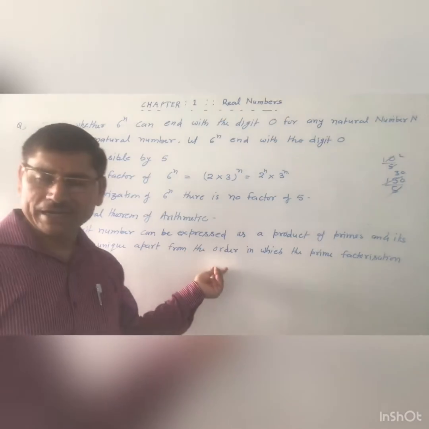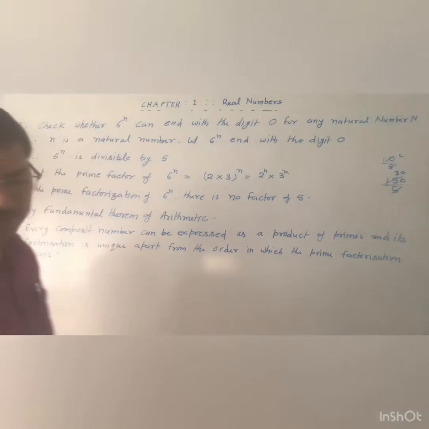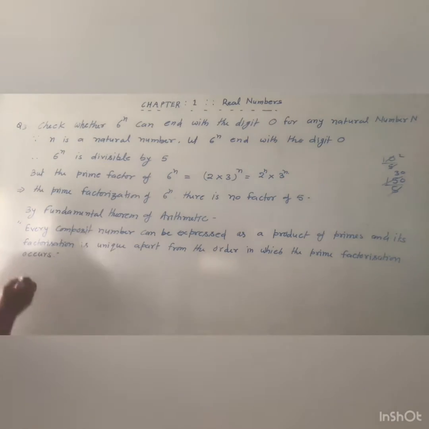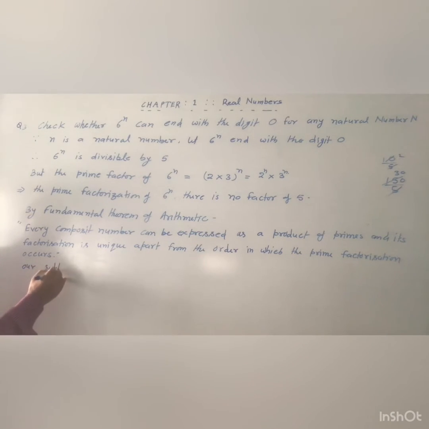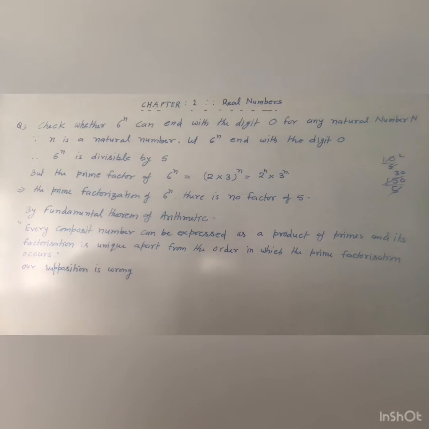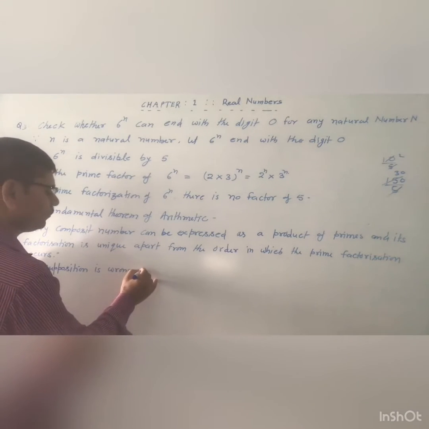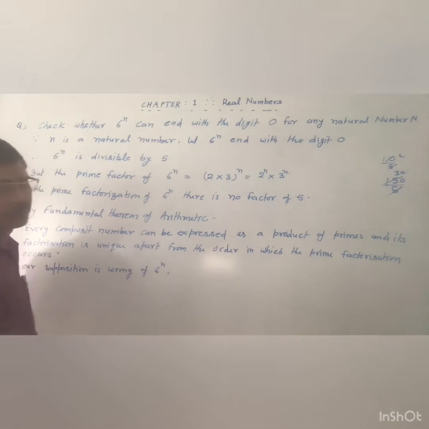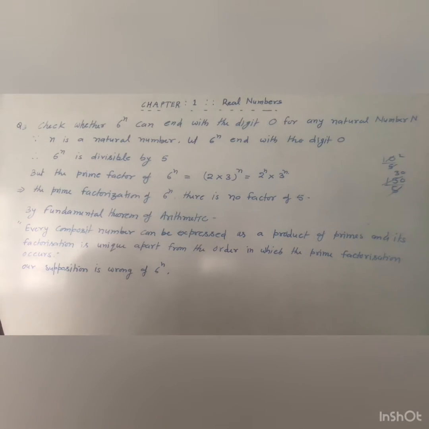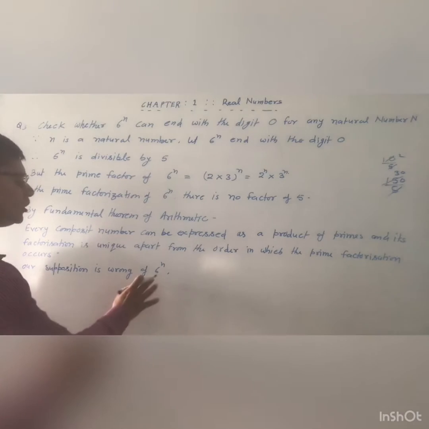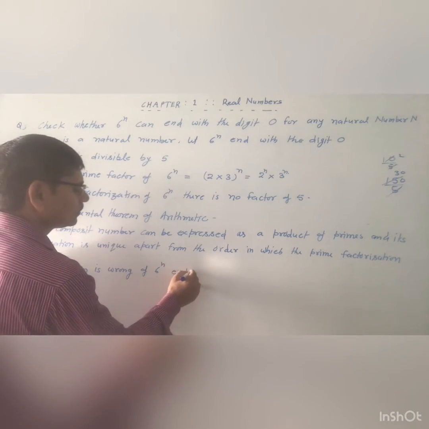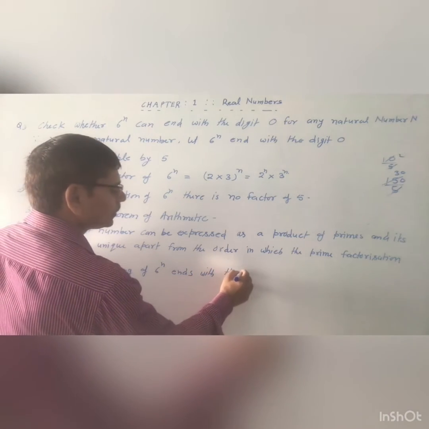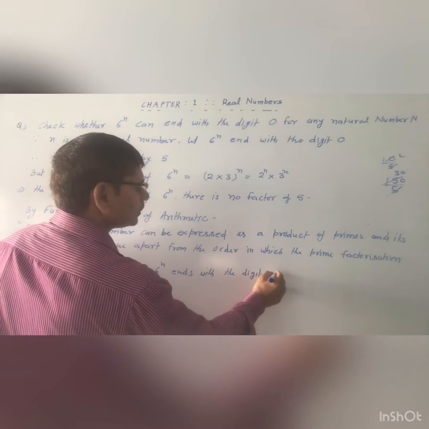So from this fundamental theorem we can say that our supposition is wrong, the supposition that 6 raised to the power n ends with the digit 0.